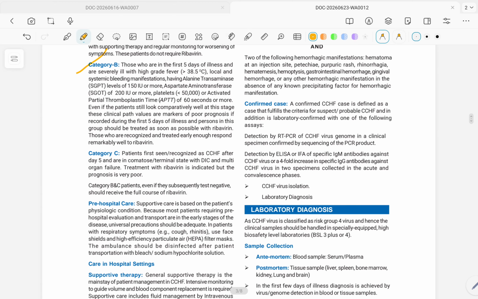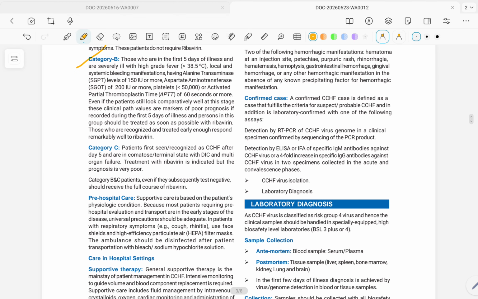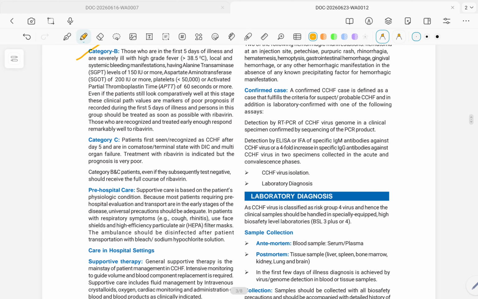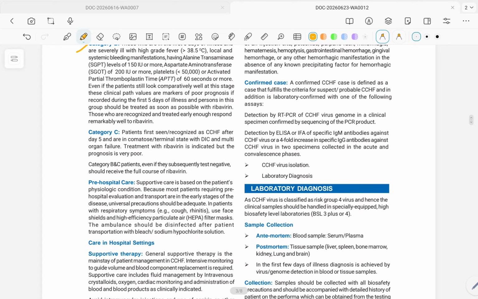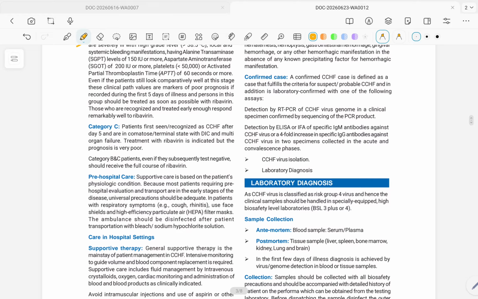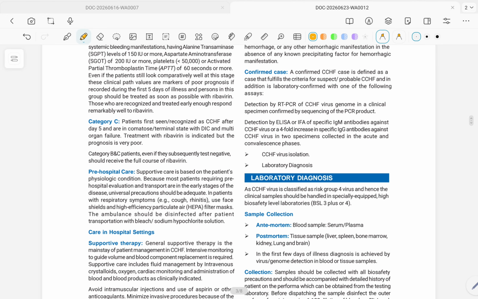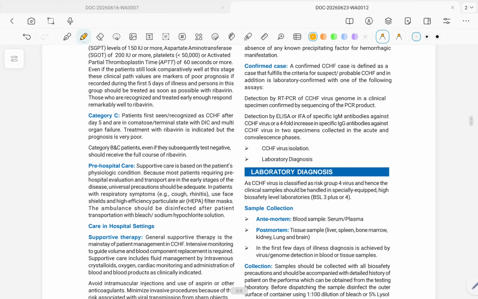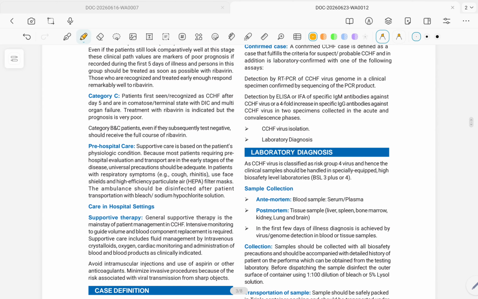Even if the patient still looks comparatively well at this stage, these clinical pathology values are markers of poor prognosis if recorded during the first 5 days of illness, and persons in this group should be treated as soon as possible with ribavirin. Those who are recognized and treated early enough respond remarkably well to ribavirin.